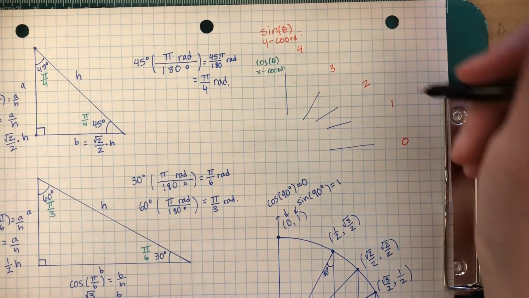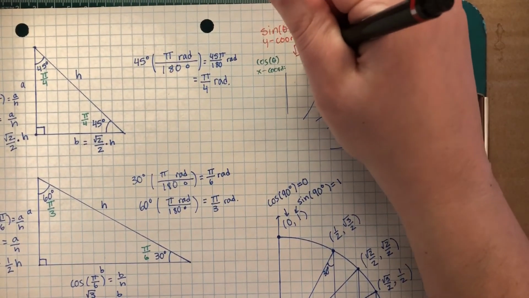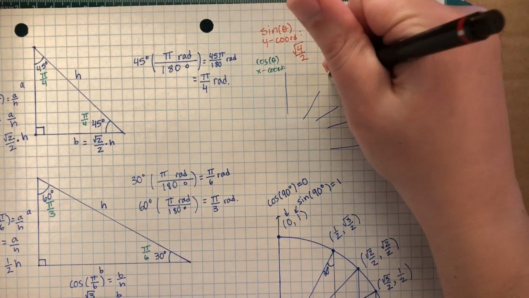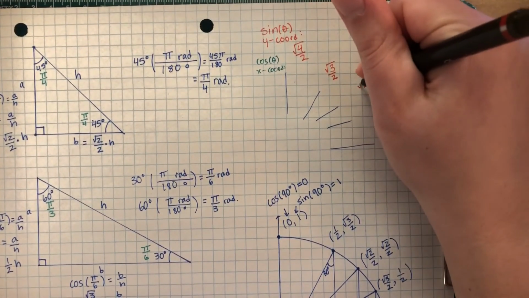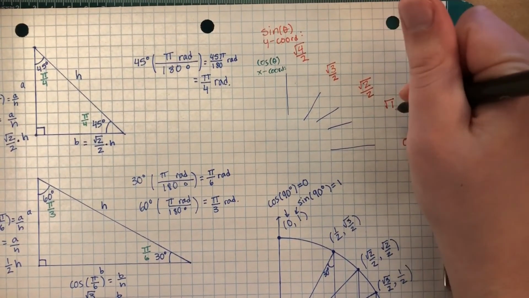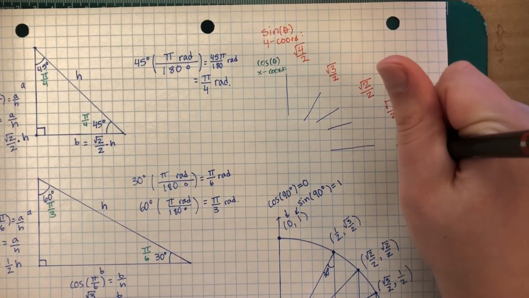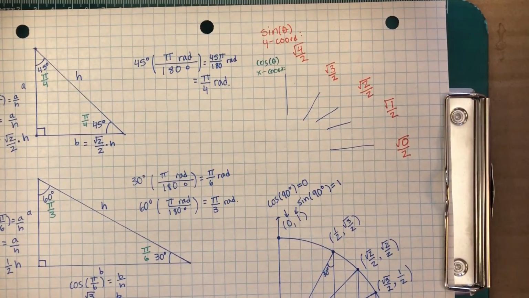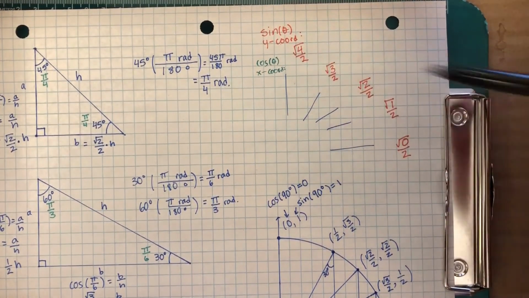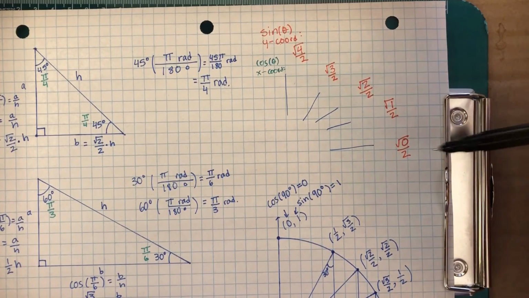Now, each number gets a square root and then gets divided by 2. So I have 0, 1, 2, 3, 4. I did the same thing to each of these numbers. And now some of these things can be simplified.